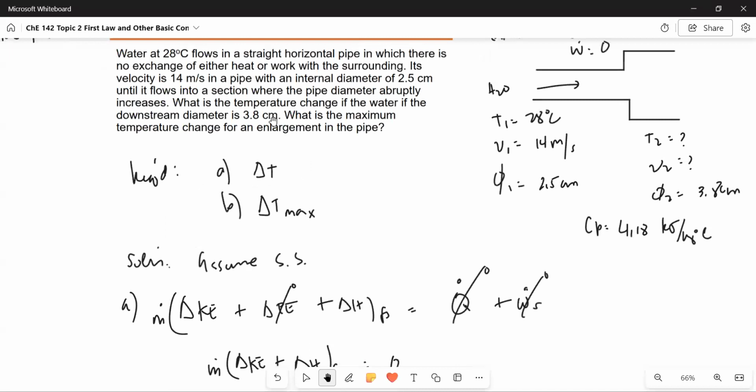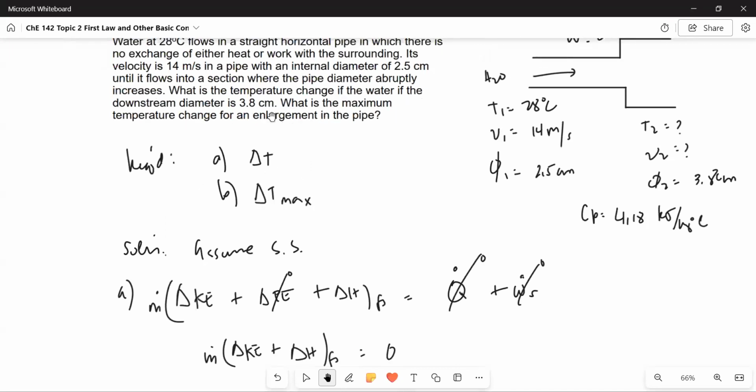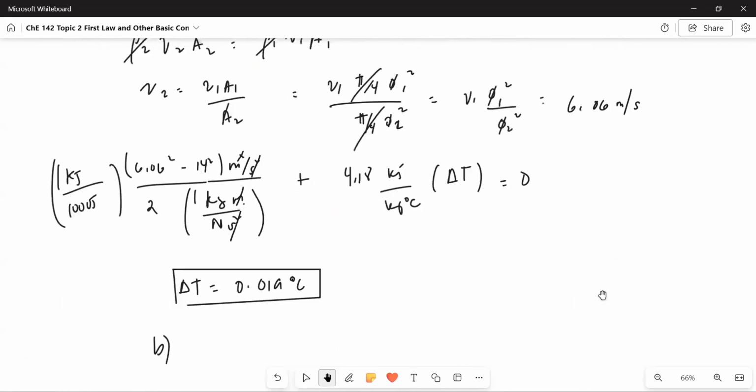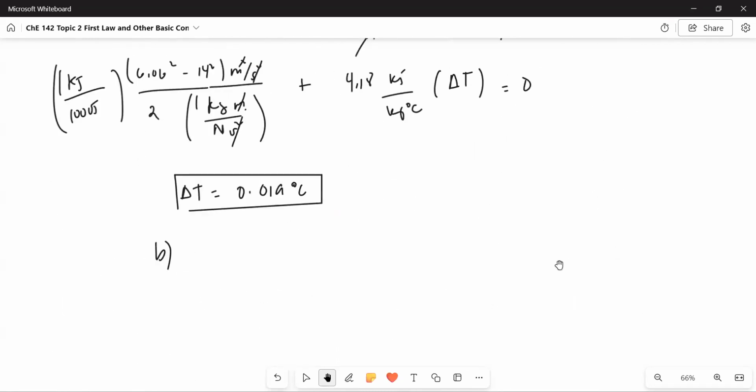For an enlargement in the pipe, diameter 2 is not 3.8 but an enlargement. If we are aiming for a delta T max, that means the diameter must be approaching infinity, so that delta T would be the maximum, right?